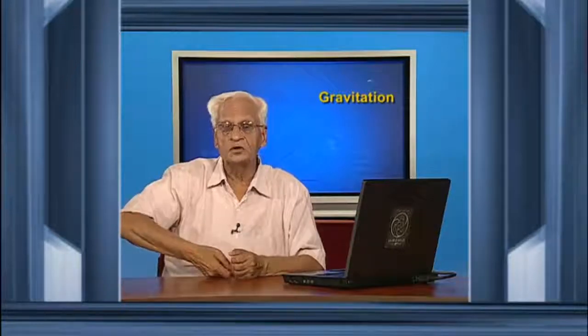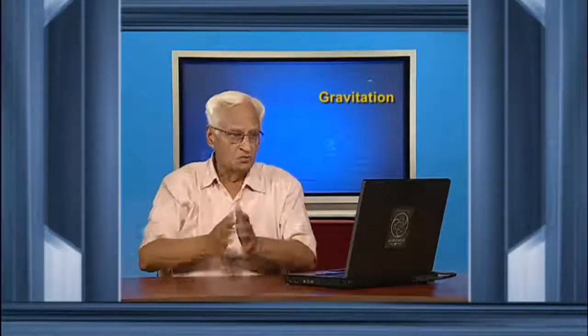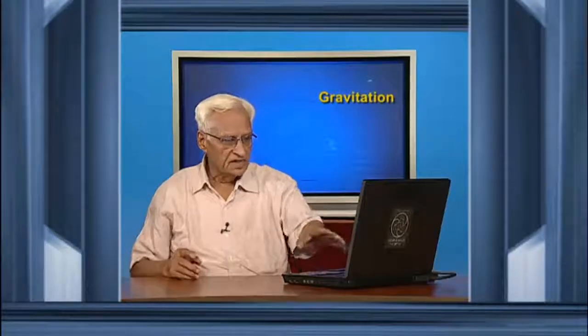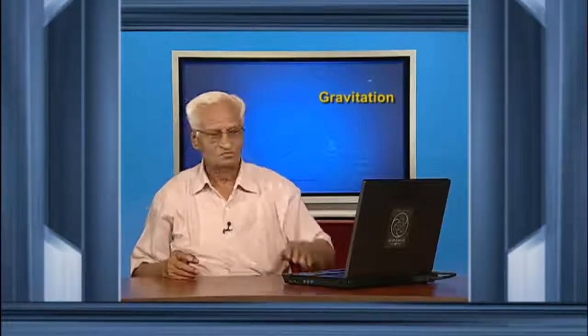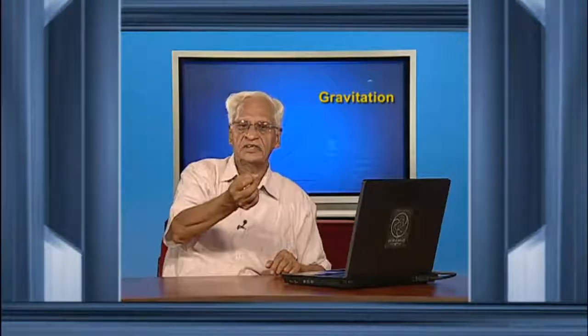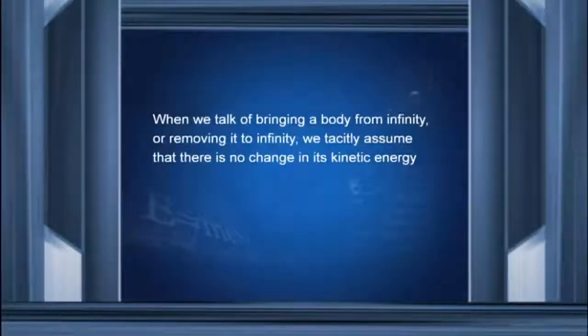Because we need energy to set it free, therefore it is bound, and because work equivalent to minus GMm by r must be done on it to remove it to infinity, where it is free of the influence of the gravitational field of M. An important thing that we did not say was that when a particle is brought from infinity to a certain point, there is no change in the kinetic energy of the particle. That is, all the work done goes into potential energy.